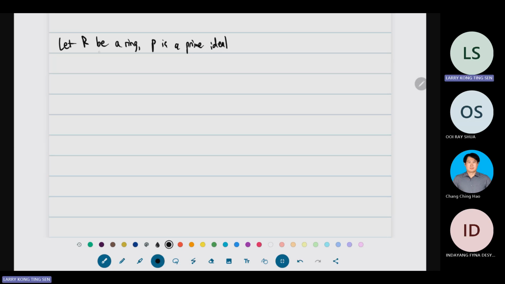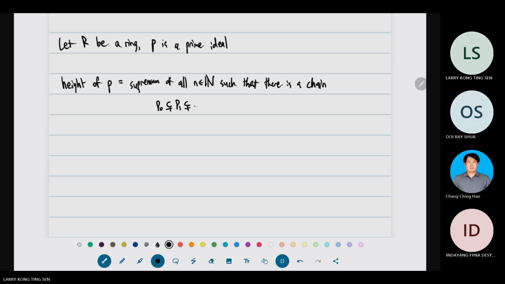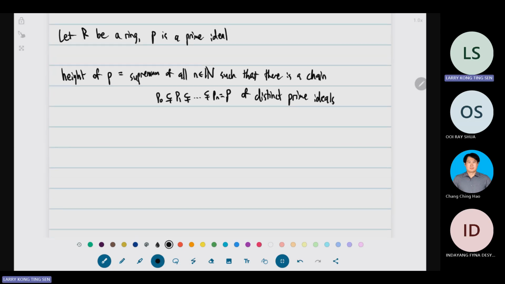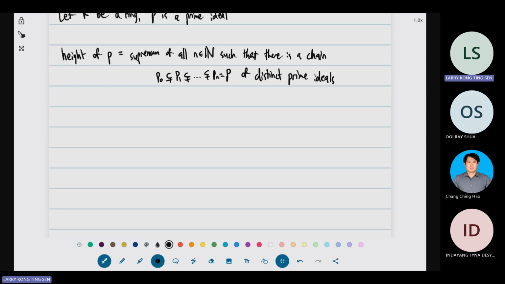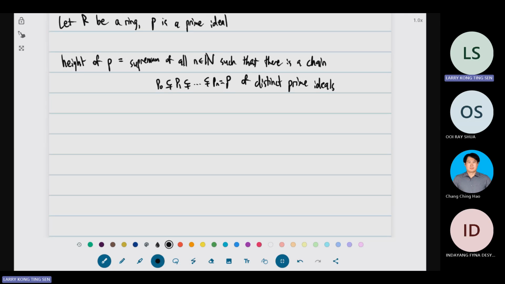Then we define the height of P to be the supremum of all the n such that there is a chain of prime ideals ending in P. It's a similar concept to the definition of dimension.